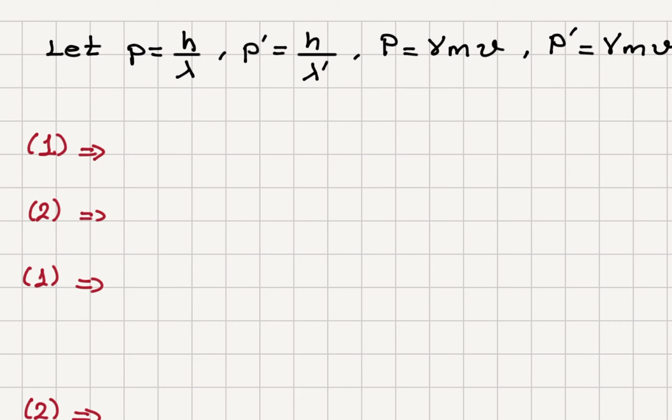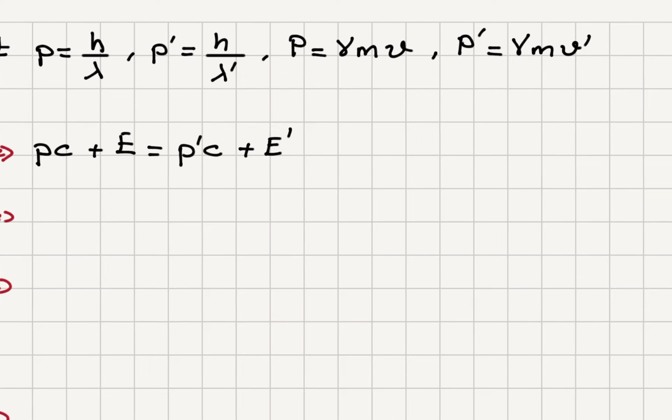Okay, now going back to the energy conservation equation, hc over lambda, we can write pc plus the incoming electron energy, capital E, is equal to p prime c, the scattered photon energy, plus capital E prime, the scattered electron energy.